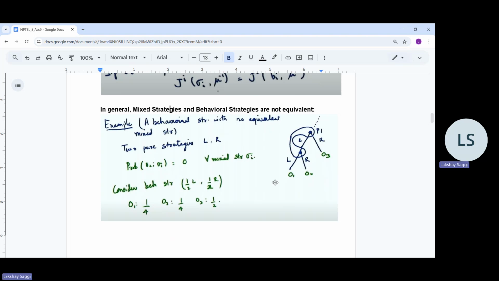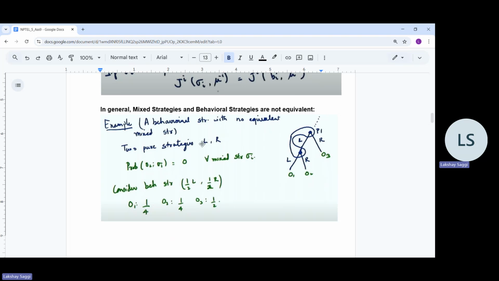Just reminding you that the key idea here, of why a mixed strategy does not exist but a behavioral strategy does, is that in a mixed strategy the pure strategy is chosen at the start, before P1 even starts playing. P1 has chosen one of the strategies at random even before it has started playing.